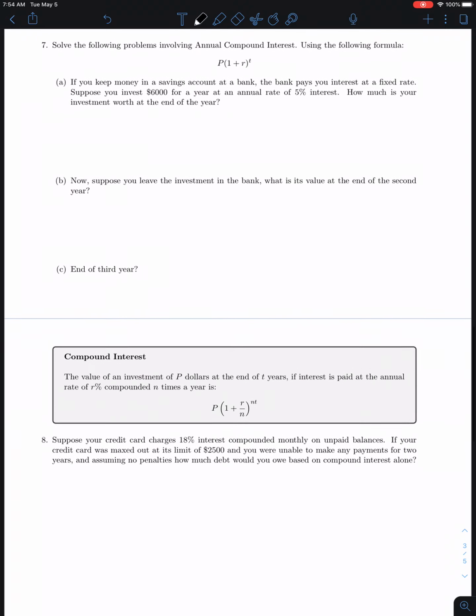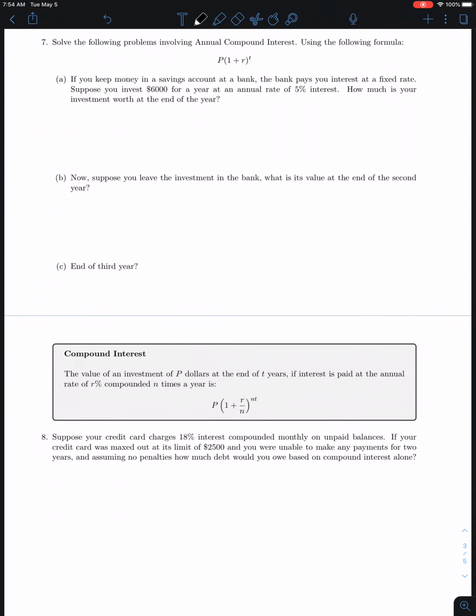And so finally with 7, we're starting to get into our compound interest formula. You may have seen this before, you may have not, so let me explain some of the parts to it. The P in this case is what's called the principal. It's the amount that you borrow, or the amount that is in the bank at any given time.